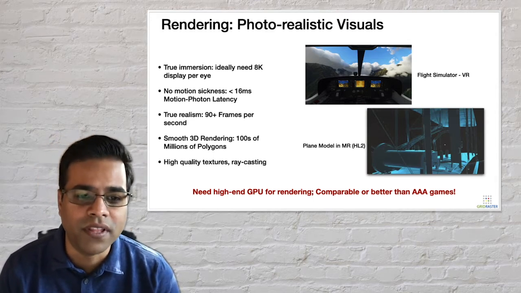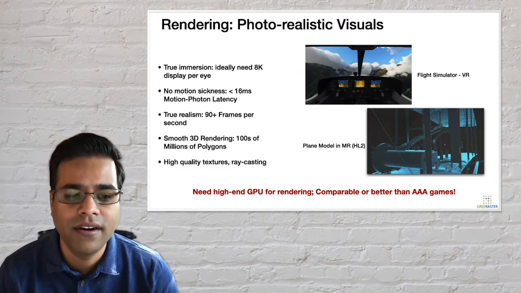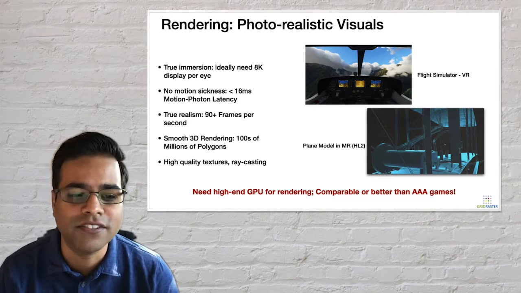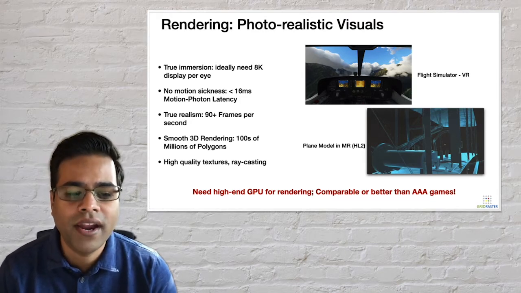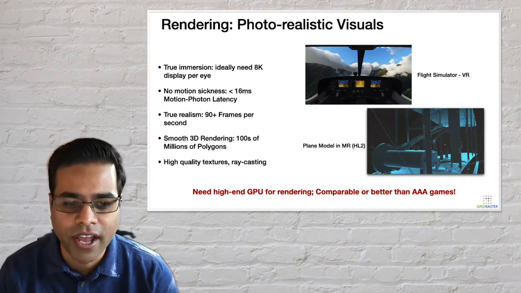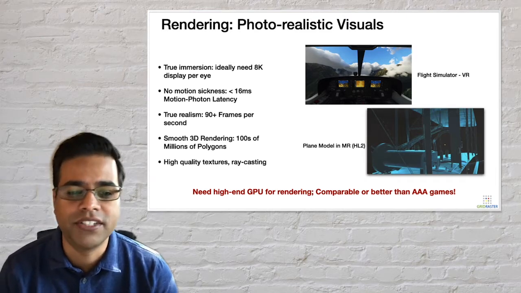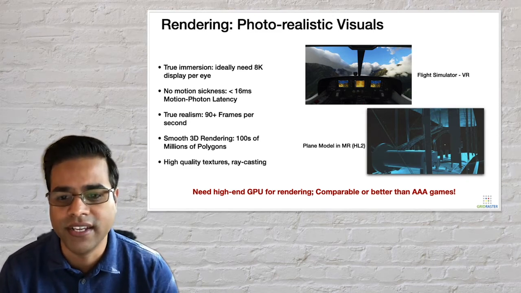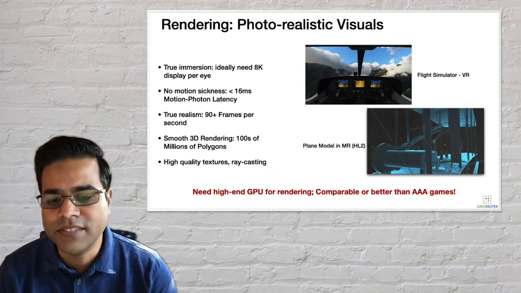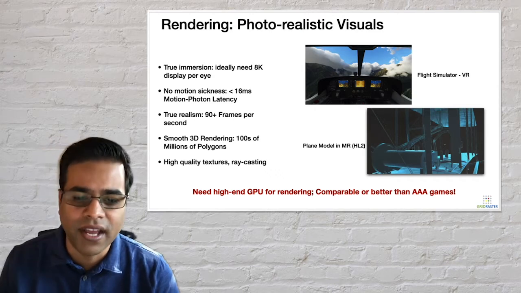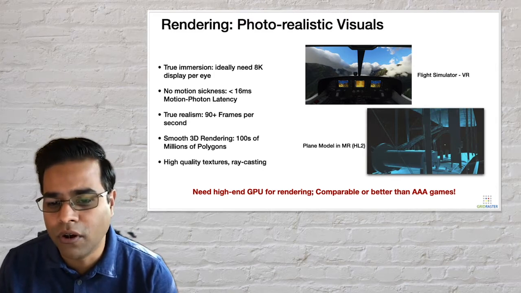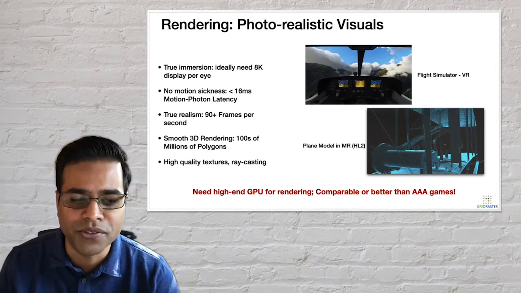All this together with 90 frames per second or higher, and rendering extremely complex polygons, which are in the hundreds of millions of polygons, requires an extremely high end GPU for that rendering to happen. Not to mention, you require extremely high quality textures and raycasting and estimation of lighting and all that. And this basically requires an extremely high end GPU, which is comparable to or better than what we are used to for AAA gaming.